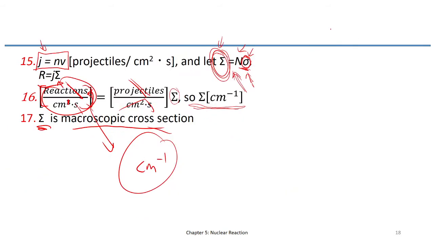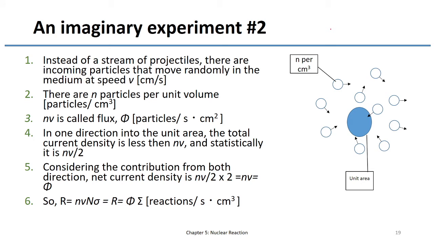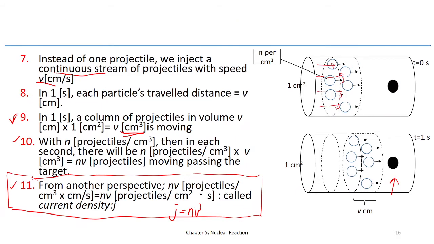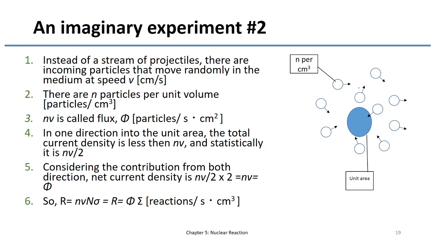But in a real nuclear reactor, for example, you don't have the situation where the projectile moves in a continuous stream. Rather, the projectile moves randomly in all directions: to the right, to the bottom, to the left, upwards, and possibly in all directions.